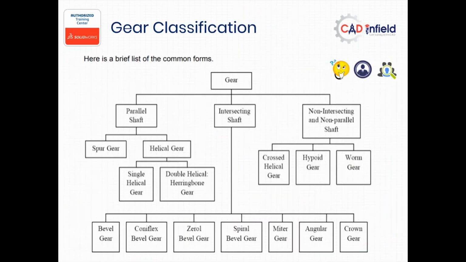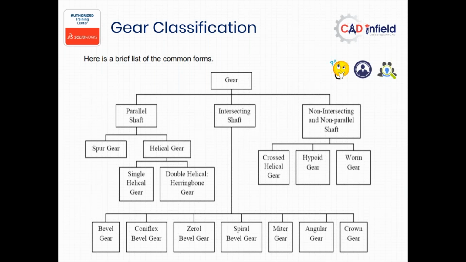So the next part is the types of gear. I will only explain the first three. These are three important types, and this question appears in the majority of government exams: what is bevel, what is intersecting, what is non-intersecting, and how these differ from each other.